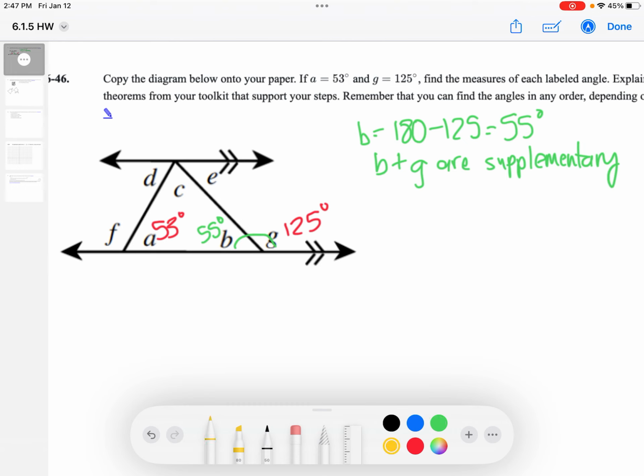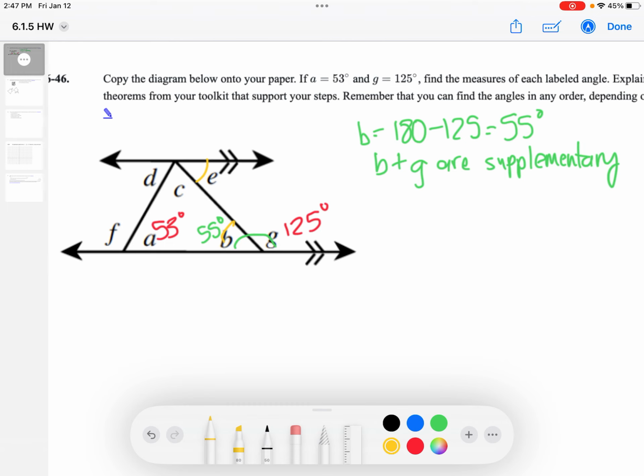Great. Okay, let's think about a different angle. I notice that I have two parallel lines here, and we could think of this as a transversal. I notice that B and E are interior to those two parallel lines and on alternate sides of the transversal.